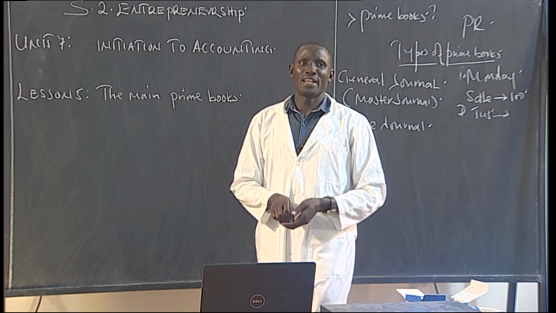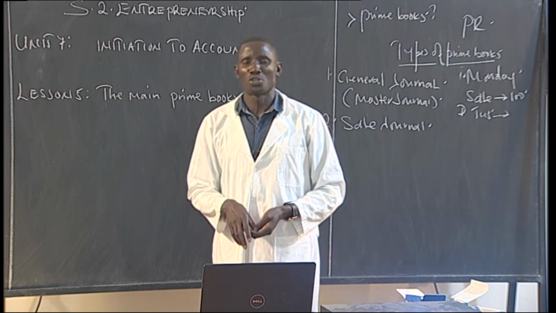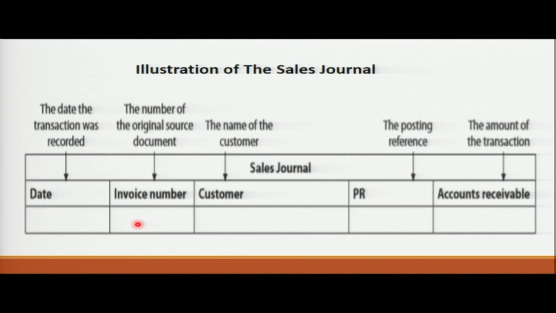Then we are having the illustration of this sales journal, whereby we are having the date, the invoice number, the customer, the person you have sold a commodity to, the PR, and the accounts receivable, or the amount of money, the amount of the transaction. Isn't it?